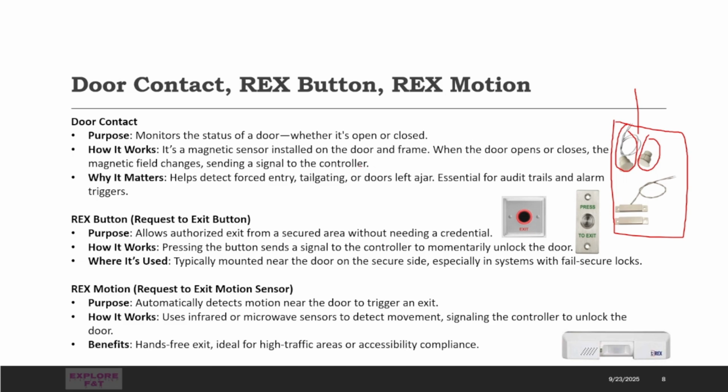If someone breaks the door open without any credentials, this signal will go to the controller and the controller will check whether we provided access or not. If the controller understands that no access was provided and that door was opened, it will give a trigger. Okay, alarm trigger.